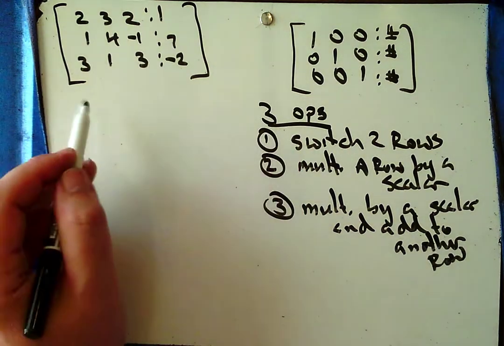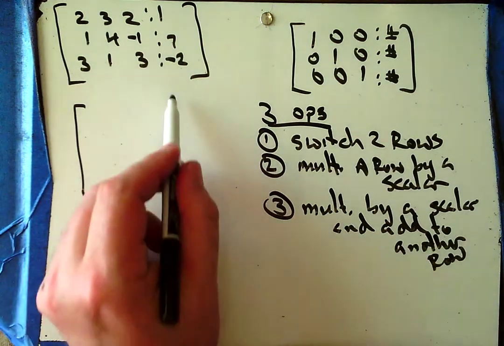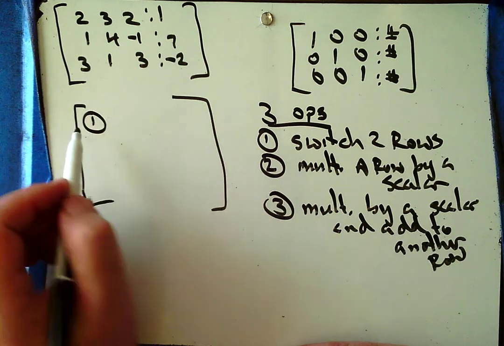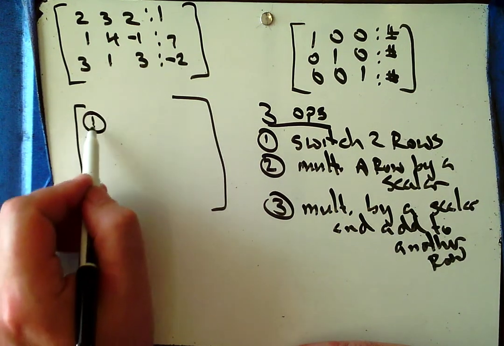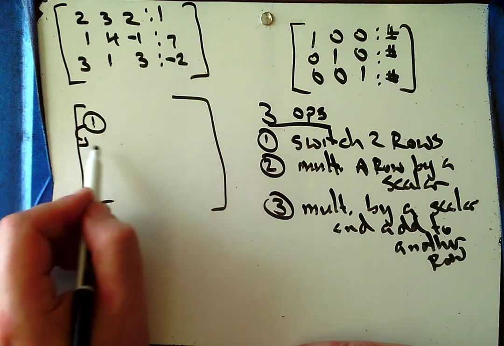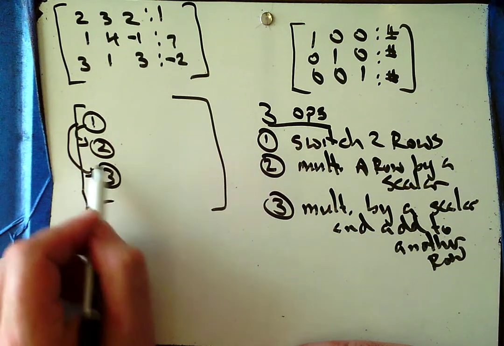But wait, it gets better. He gives us a little roadmap. He says, if you want to do this efficiently, start here. Turn this thing, whatever's in this cell, into a 1. Then use that to turn these things into zeros.